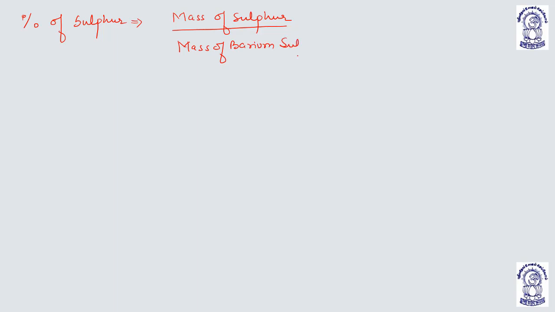So this is the method to calculate the mass of sulfur. The percentage of sulfur is mass of sulfur upon mass of barium sulfate into 100, that is 32A upon 233 into 100 upon weight of organic compound. Understood?